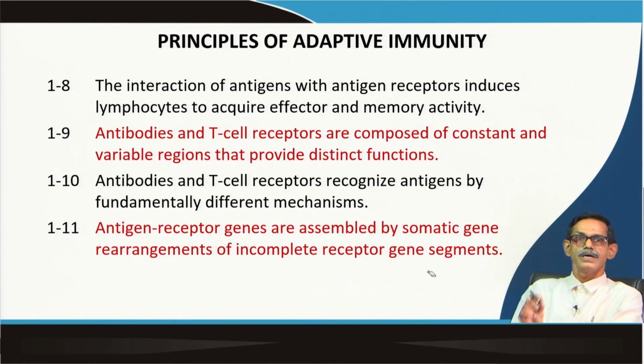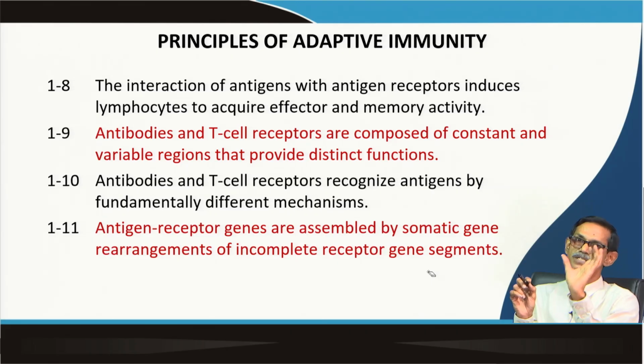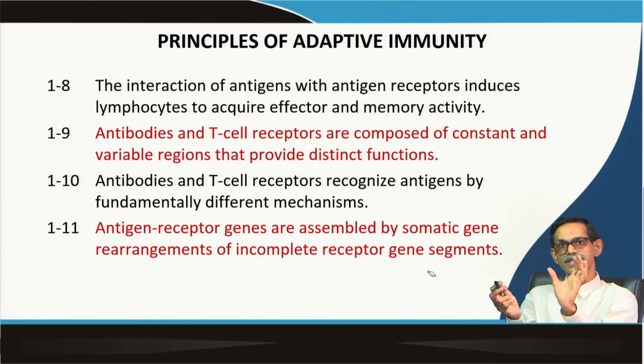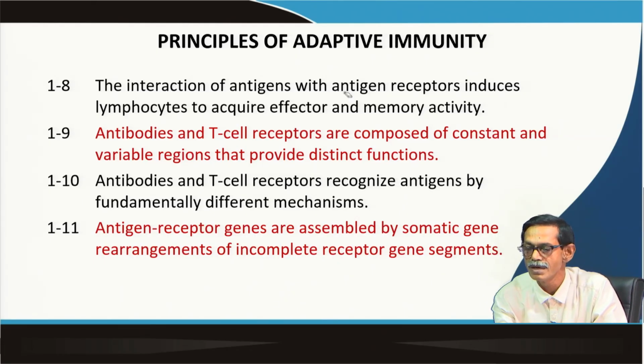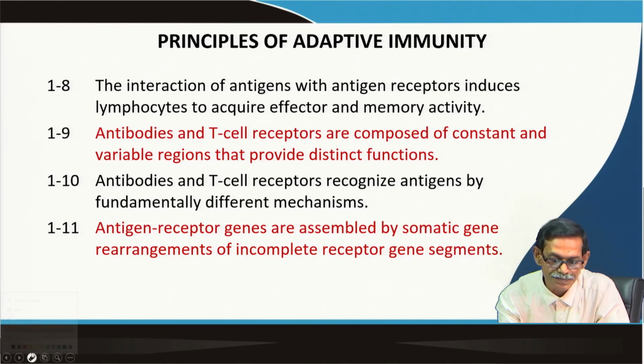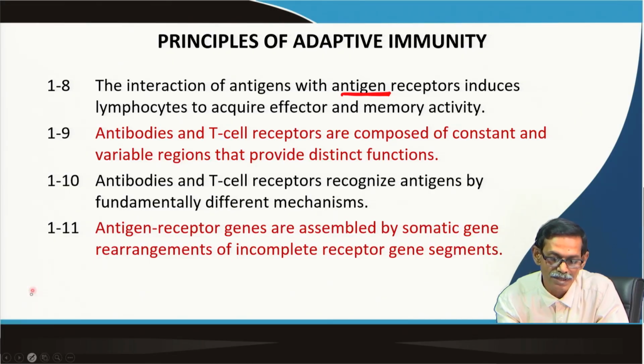Okay. So, the interaction of antigen with antigen receptor: a B lymphocyte or T lymphocyte has a specific receptor which interacts with antigen, which induces the lymphocyte to acquire effector function, or to convert into effector cells. Now, a new term came: antigen, which we did not explain.